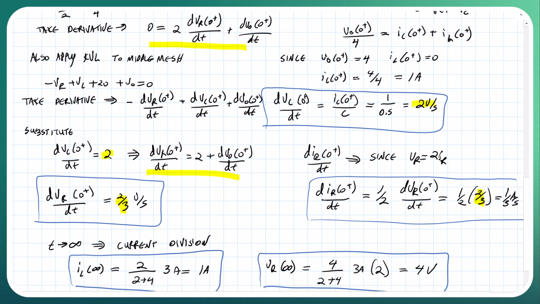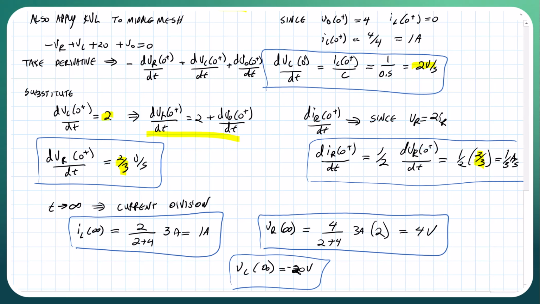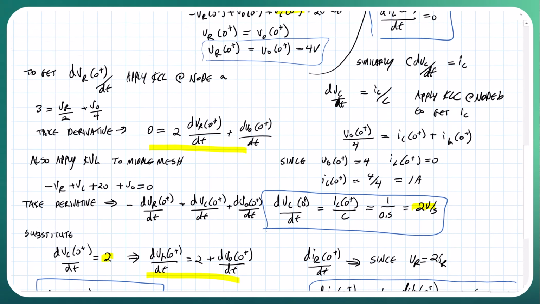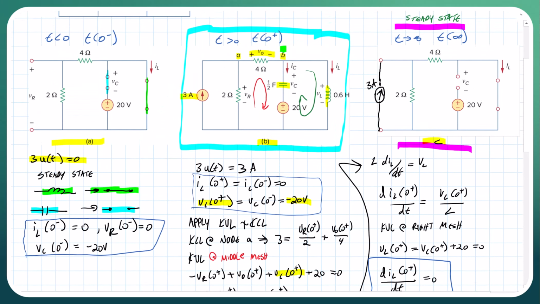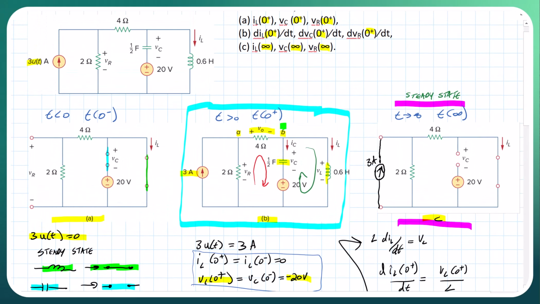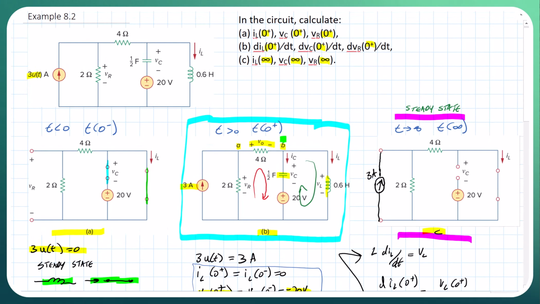I tried to highlight in blue the potential results for the problem statement. The key for all of these is to draw these circuits properly for the different stages, and then solve accordingly based on the equations given to you. All right, we'll stop here and we'll do another example.